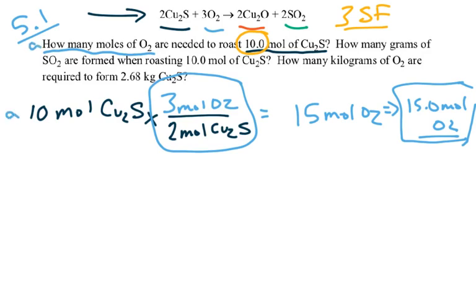All right, moving right along. So our next problem is how many grams of SO2 are formed when roasting, when burning, I guess, 10 moles of Cu2S, okay? So for this one, we're going to start with this.